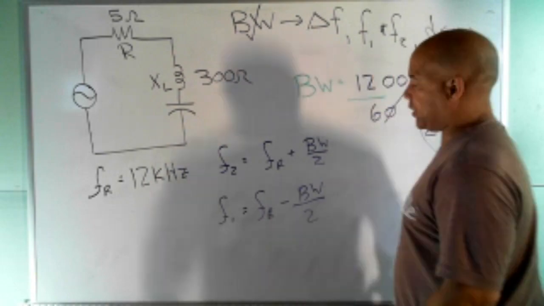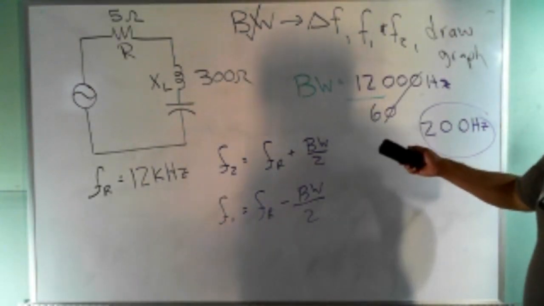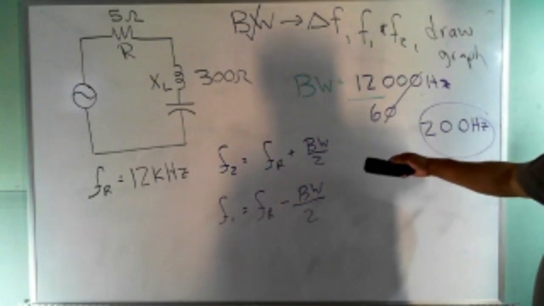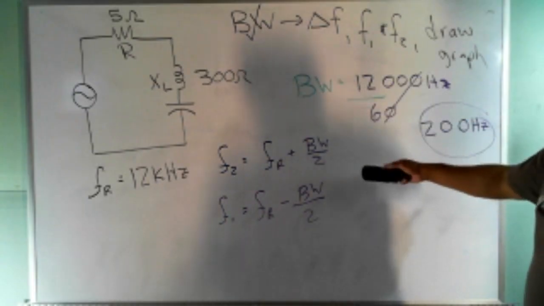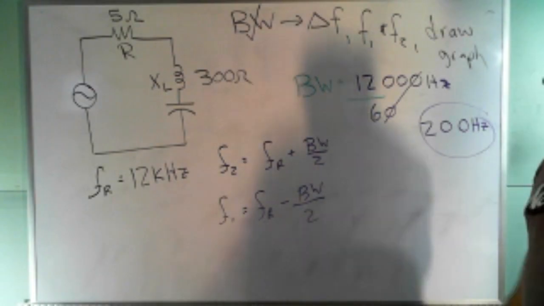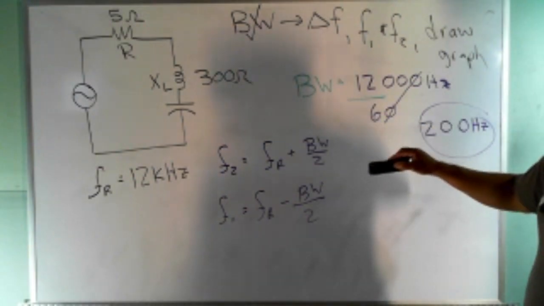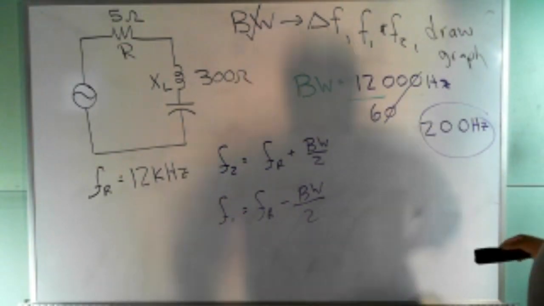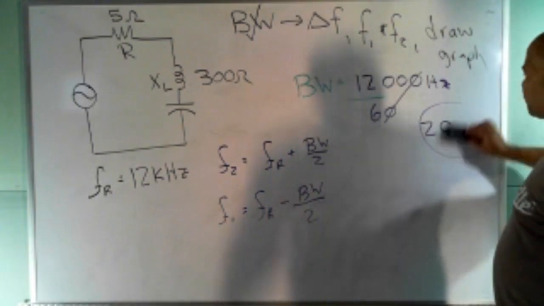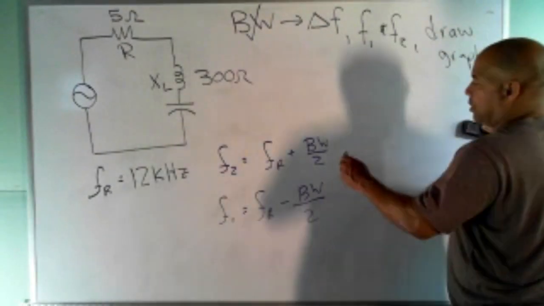If you don't remember that conversation, you can go listen to the video. I took the graph and showed you how you probably thought about coming up with the formulas. So you can just write them down and use them, but from the graph, you should be able to derive the formulas for F1 and F2. And these should make sense to you. So go ahead and use those to give you the values for F1 and F2.